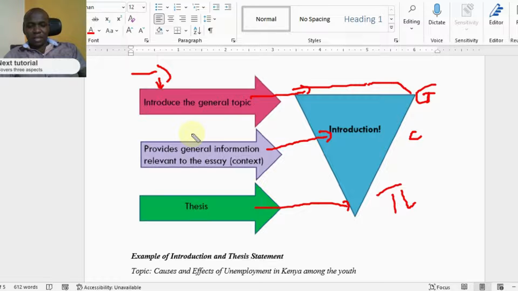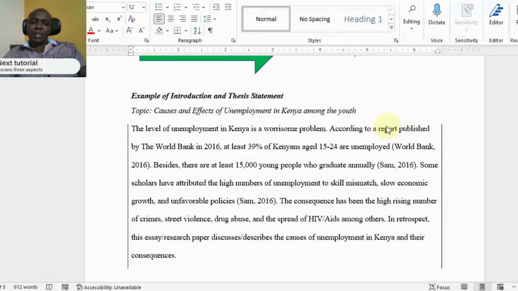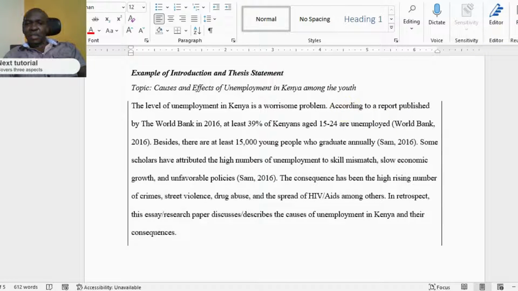Let us look at an example. Let's look at an example of a thesis statement using the topic that we have already introduced above. You start from here.